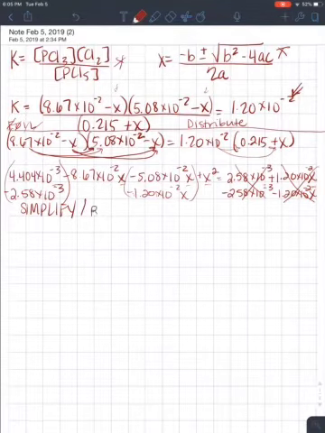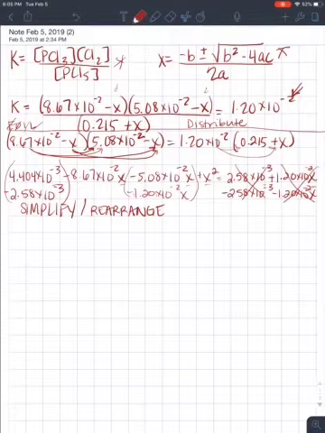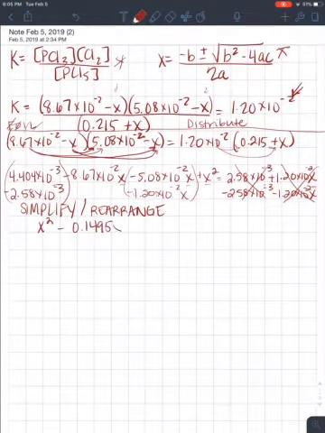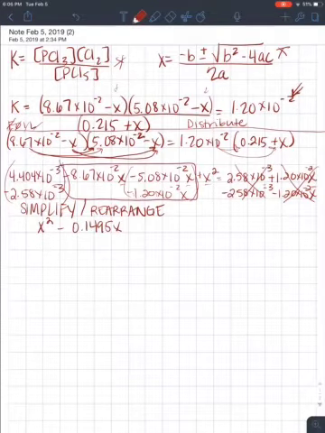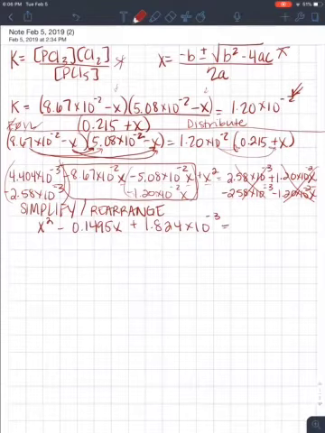I'm also going to rearrange as I simplify. All right, so rearranging is going to give me x squared minus 0.1495x. That is all of that mushed together. And then plus 1.824 times 10 to the minus 3. We set the whole thing equal to 0.